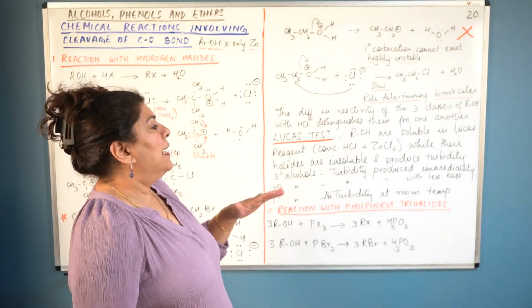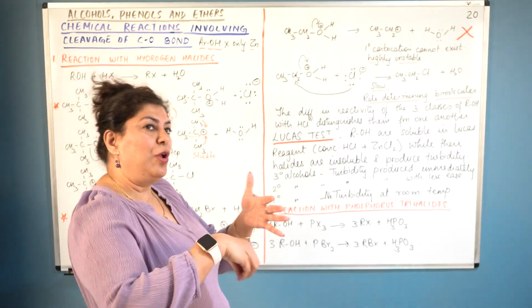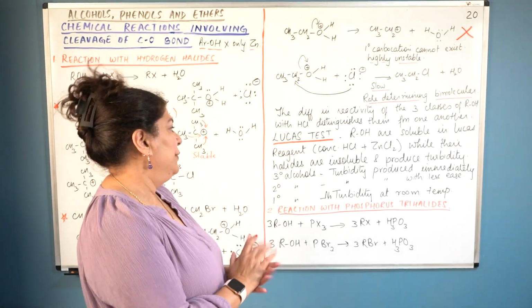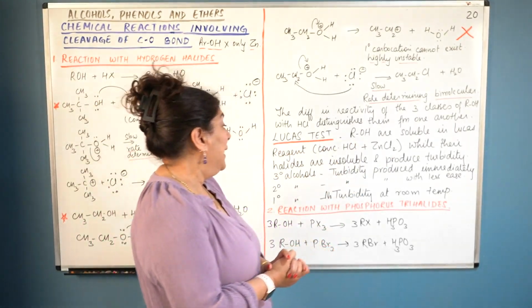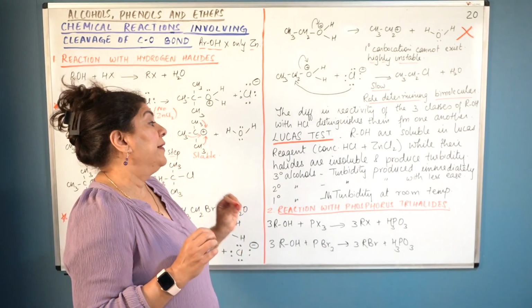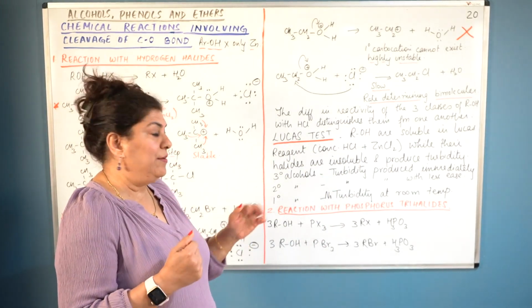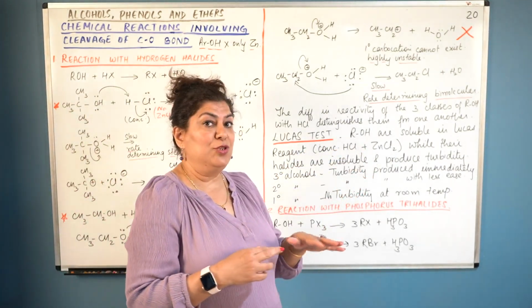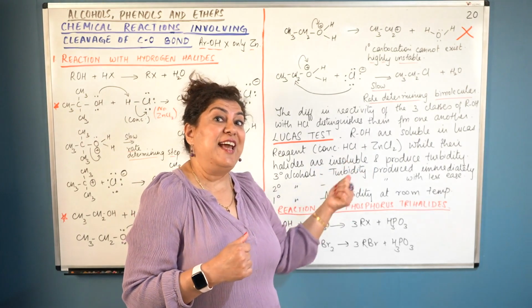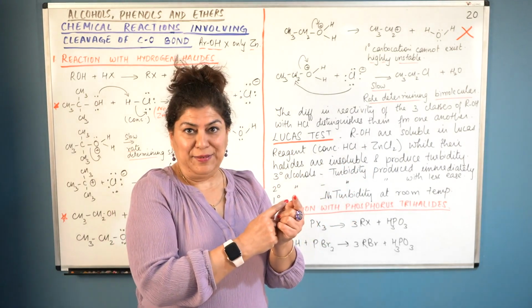So alcohols are soluble in Lucas reagent. If you take alcohols and dissolve them in Lucas reagent, that is concentrated HCl and zinc chloride, they will dissolve, while their halides are insoluble. As soon as you put the alcohol in HCl and ZnCl2, it is going to react with the HCl and result in the formation of the halide.